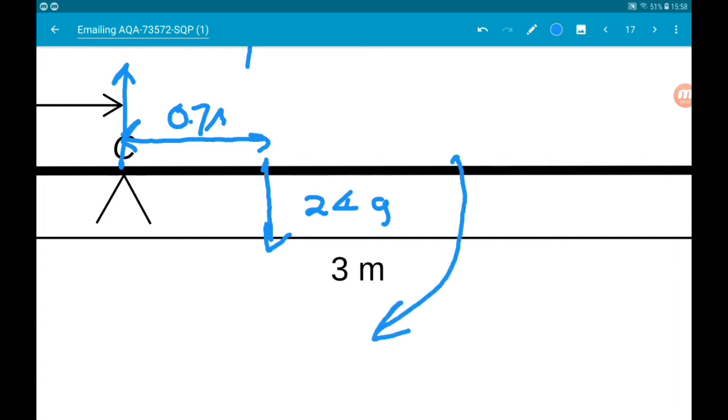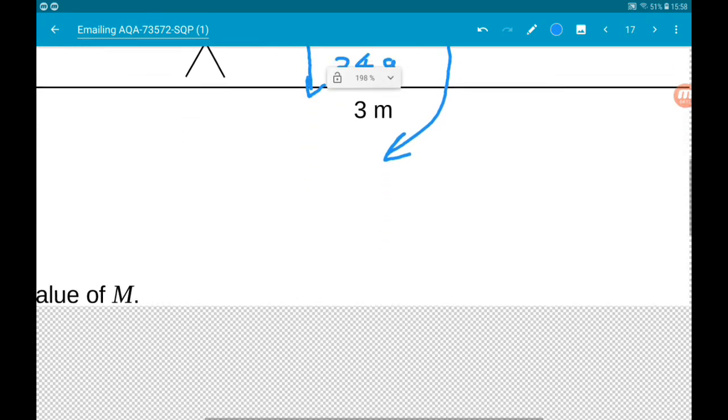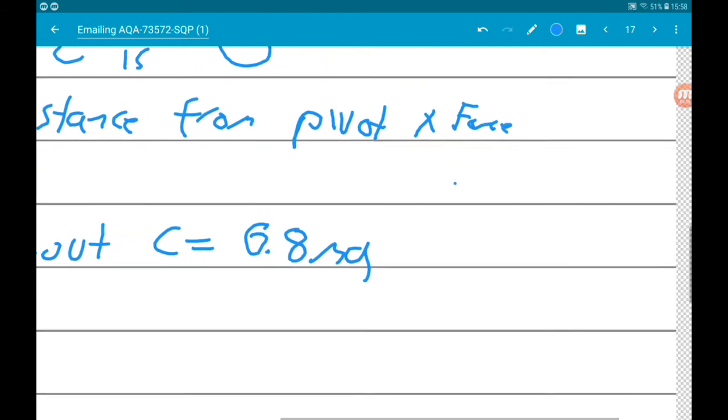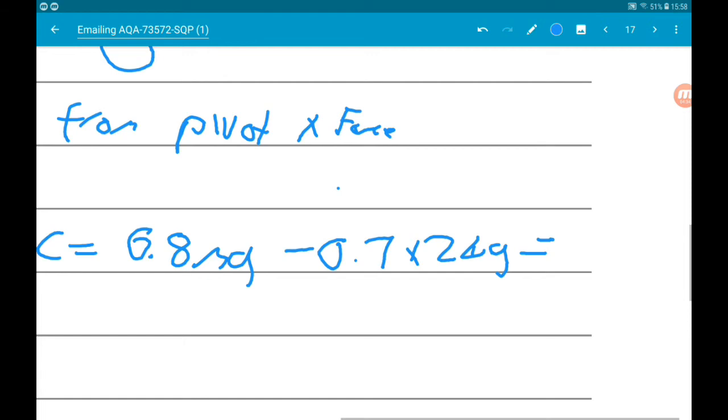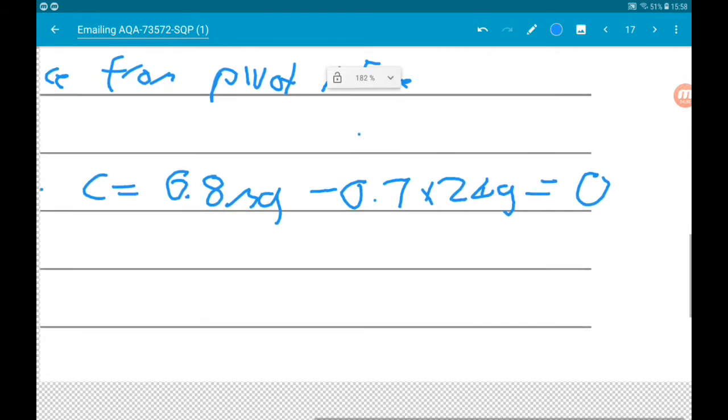So this is going to give us a negative moment. So this is going to be 24g times 0.7, but negative. So we've got minus 0.7 times 24g. Now we know that that is all equal to 0, because there is 0 moment about C.